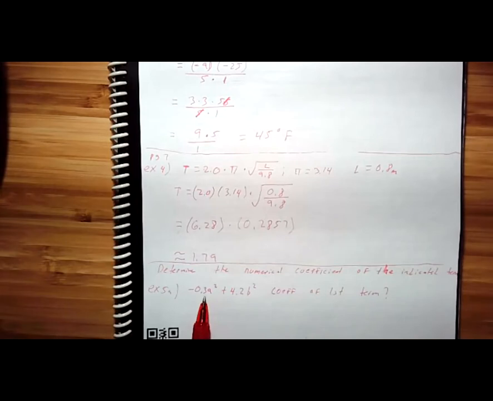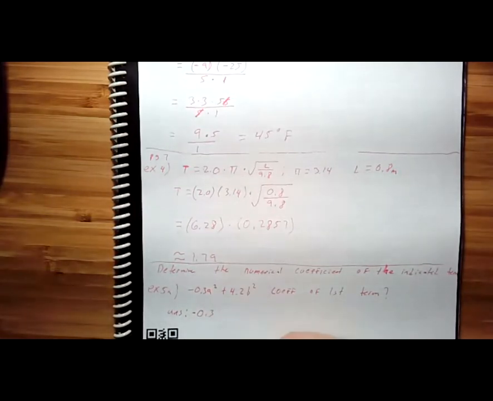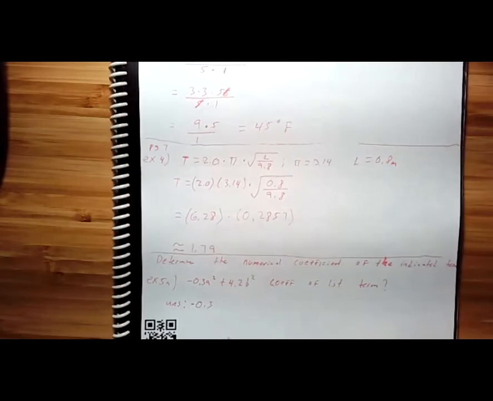So all you have to write would be the number in front. That's it. Don't write the entire thing, just the number. So the answer would be negative 0.3. Right, nothing crazy. They just want to know if you know what a coefficient is. So let's look at these together.